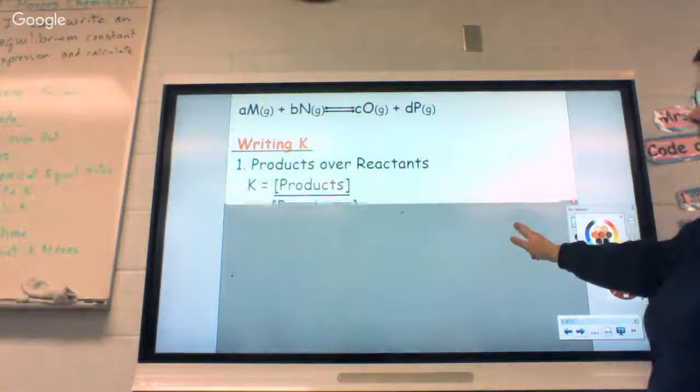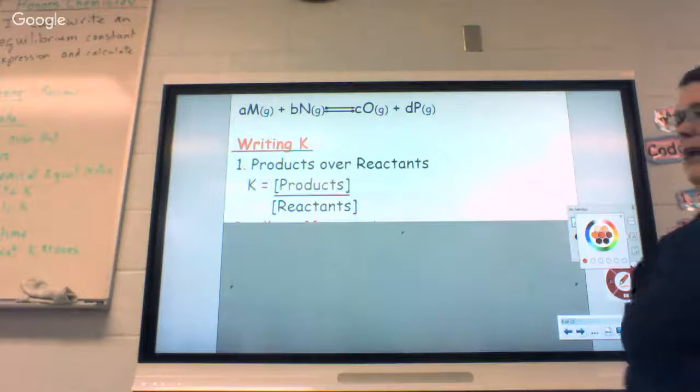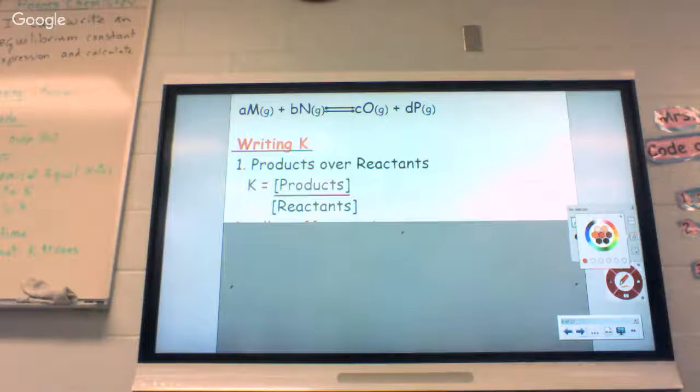All right, step one in writing K. Step one is always product divided by the reactant. Now, this is the easiest place for students to go wrong, because when they have a multiple choice question on the exam, or even tomorrow on the quiz, all foil or wrong answers on the multiple choice test always have what on top?